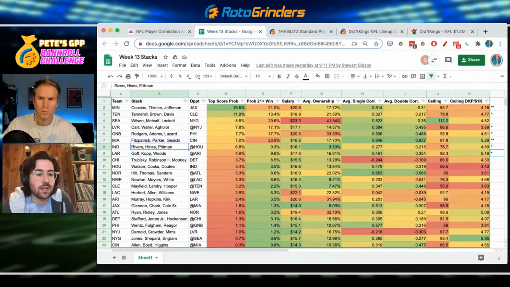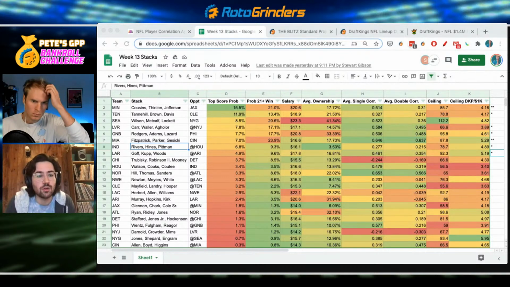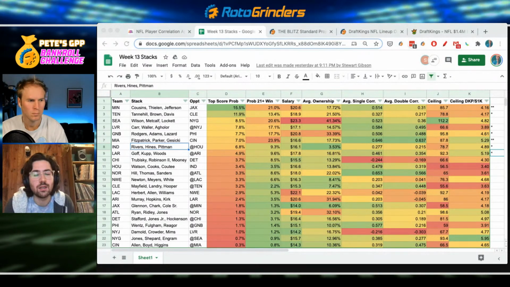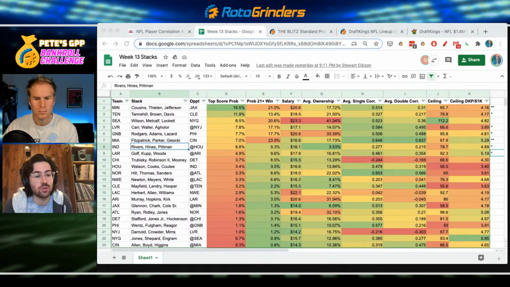So yeah, I think we can stick on Tennessee. Naturally, they're both receivers, so Tannehill, Brown, Davis is the stack that makes the most sense if you're just looking at pass catchers. But if you pull up Brown and Davis, they actually have negative correlations such that, the price makes it really tough this week to go Tannehill, Henry plus Brown.